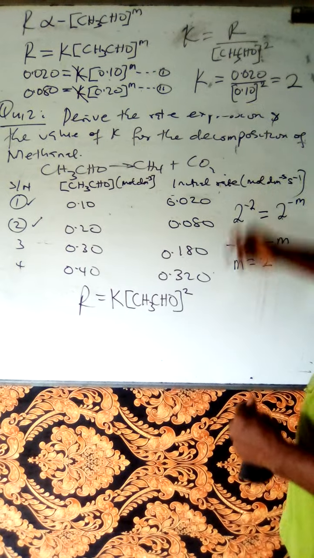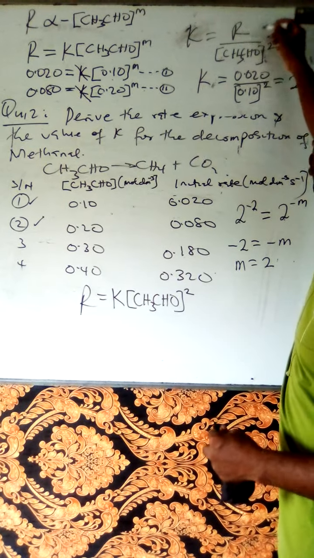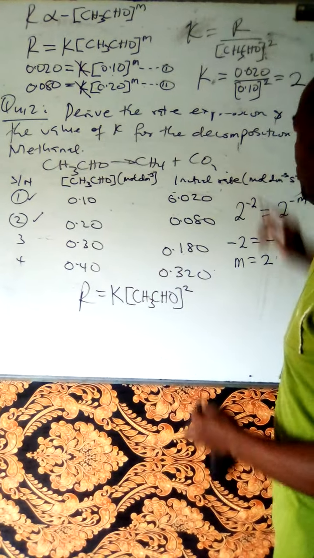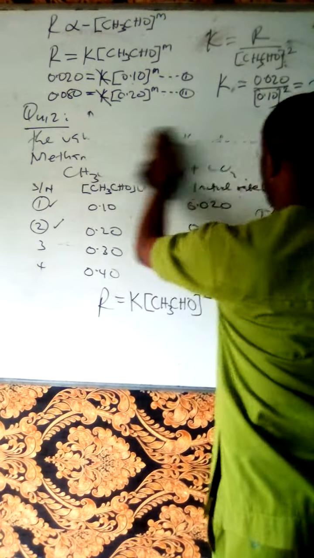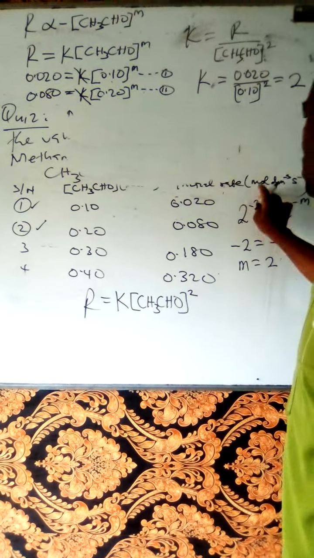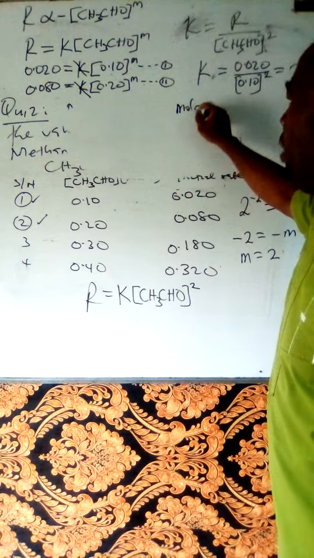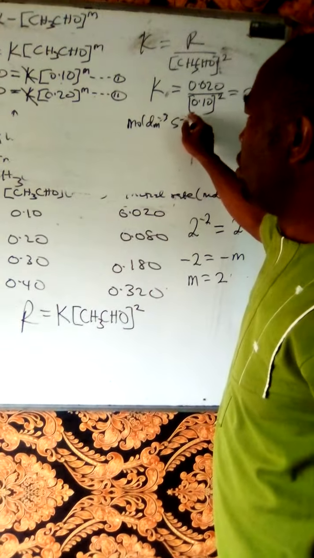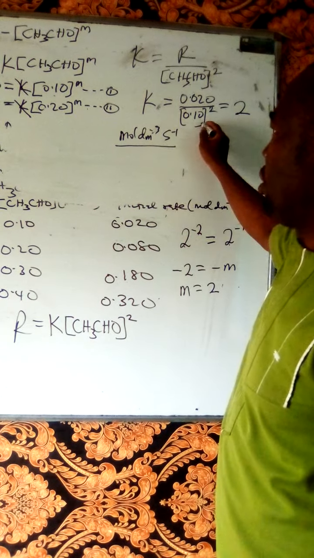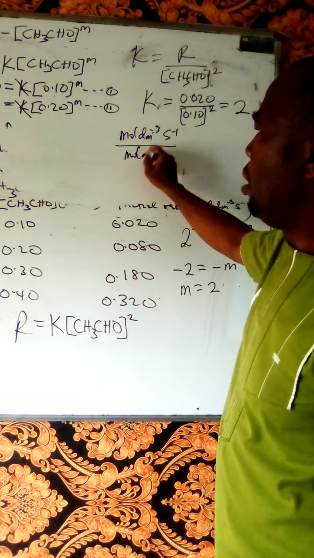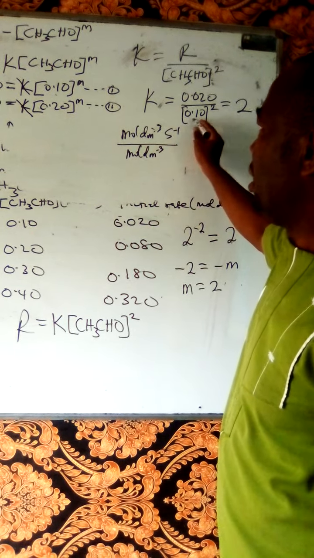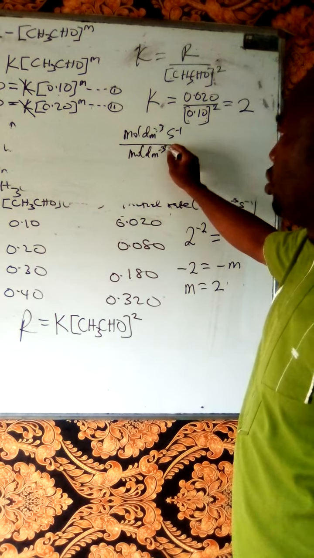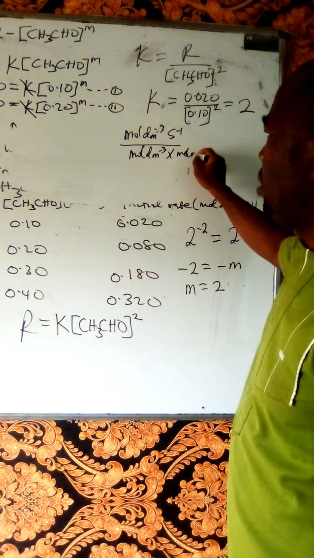We can derive the unit of K. The unit of the rate of reaction is mole per dm cube per second, while the unit of concentration is mole per dm cube. But from here, the concentration is squared, so this should be times another mole per dm cube.